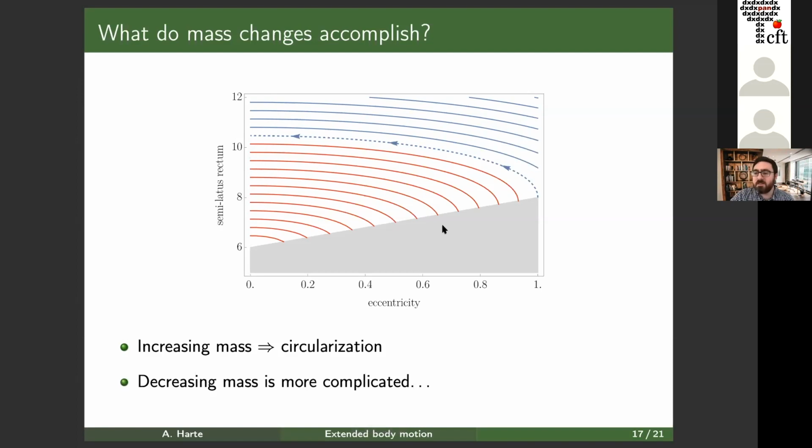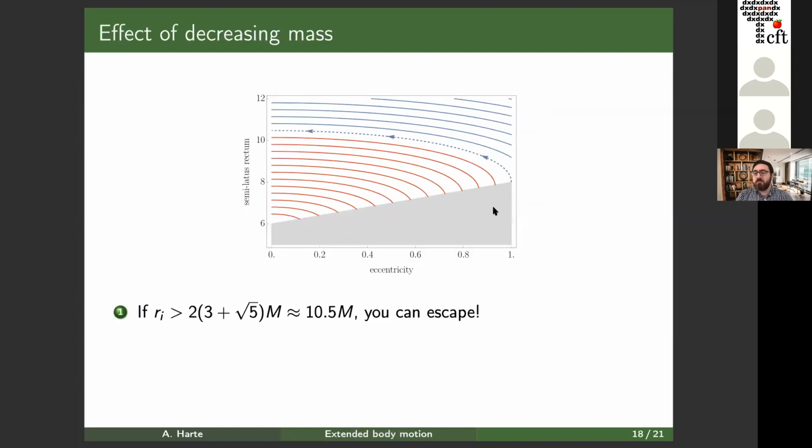Okay. Decreasing mass is more interesting. So let me put that here. There are two possibilities. If you're on one of these blue curves, decreasing mass means move to the right. If you move to the right, you keep moving to the right, you're decreasing, decreasing, decreasing. Eventually you come here. You're at eccentricity 1. This is an unbound orbit.